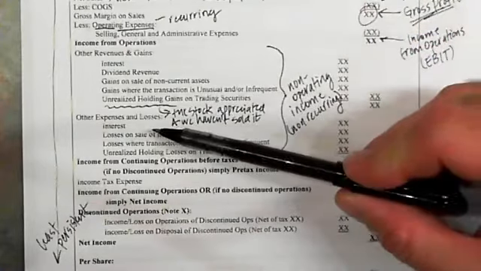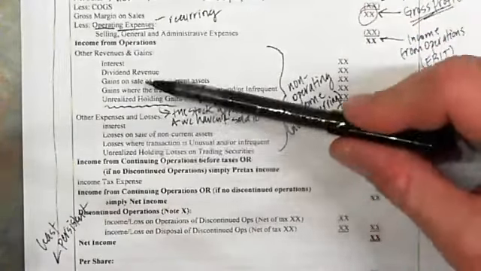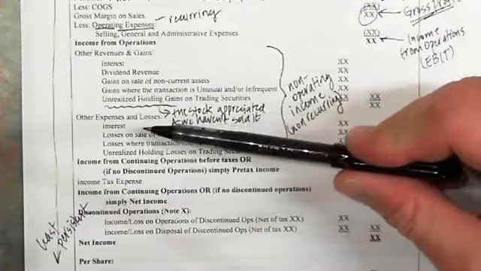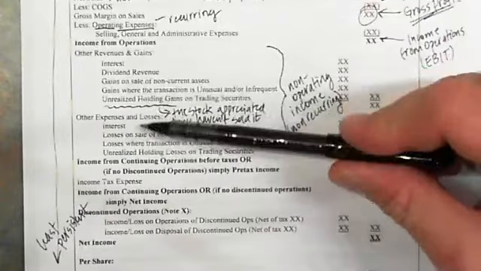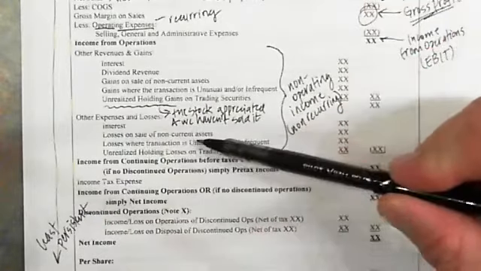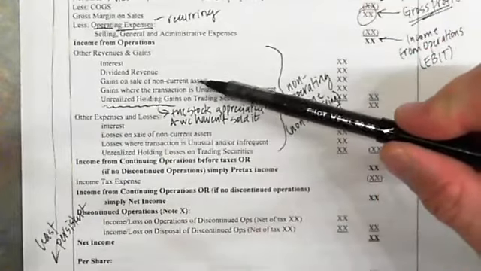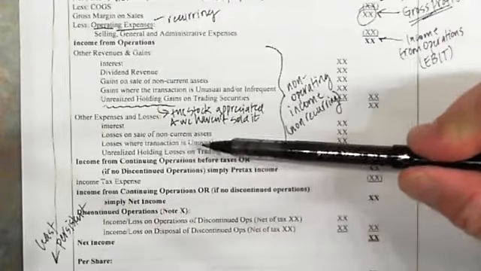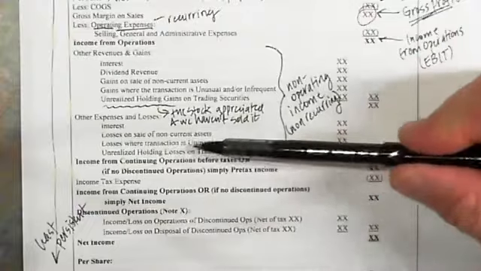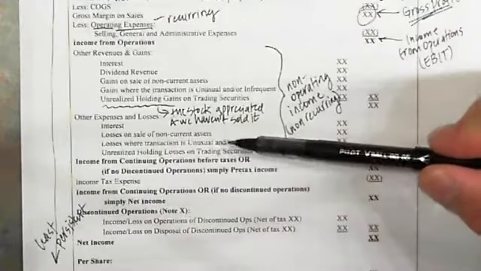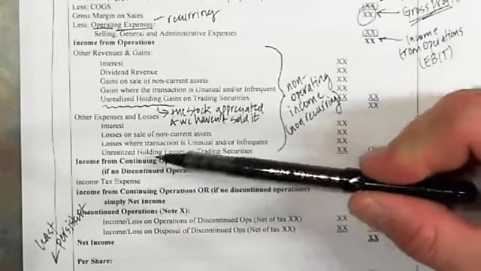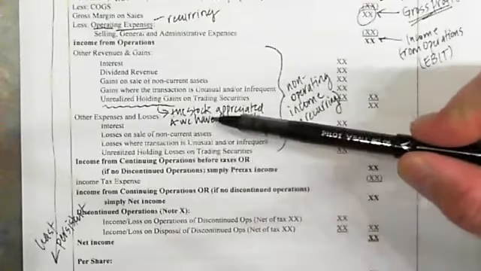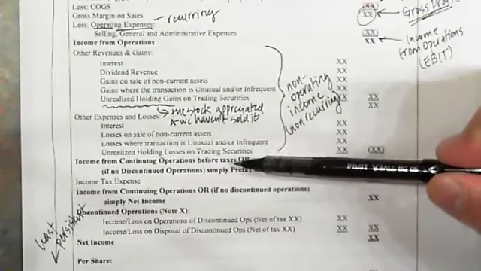Other expenses and losses, kind of a reflection of what's up here. Interest expense, interest on bonds would be submitted below operations. Losses on the sale of non-current assets, just symmetric of the gain on the sale. Losses where the transaction is unusual and infrequent, so floods, earthquakes, casualty losses there. Unrealized holding losses on trading securities, so same thing as here, except now the stock lost value.